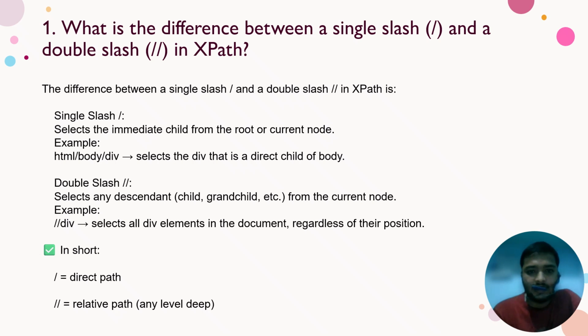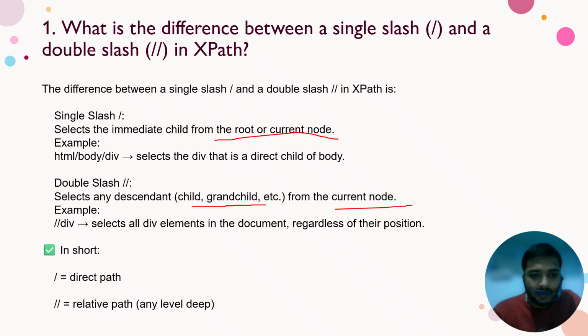The difference between single slash and double slash in XPath. Single slash selects the immediate child from the root or current node. Example: HTML slash body slash div selects the div that is a direct child of body, and the double slash selects any distant grandchild from the current node.